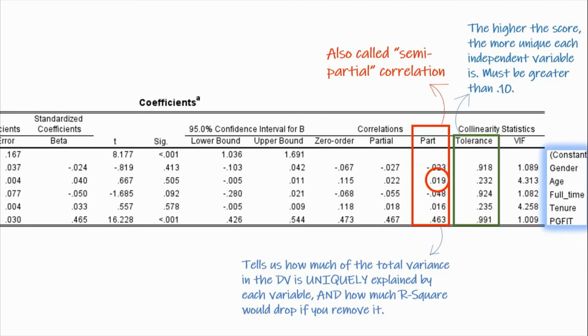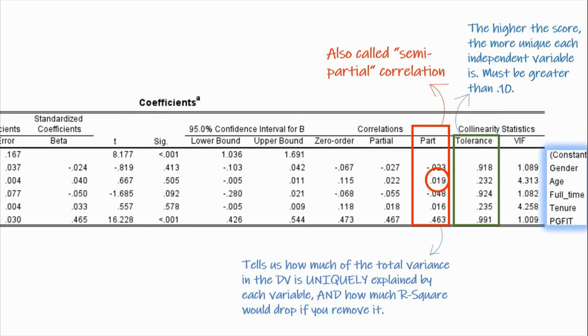But if the values under tolerance value are too small, say values that are less than 0.10, then it indicates that it has relatively high correlations with other independent variables, which might suggest the possibility of multicollinearity. The tolerance values here are all above 0.10. So we have no issues of multicollinearity here based on that.